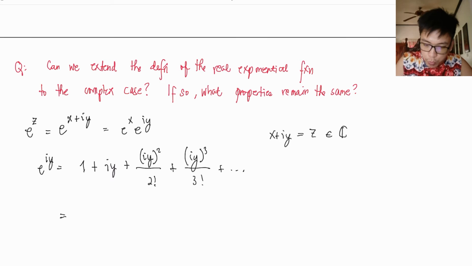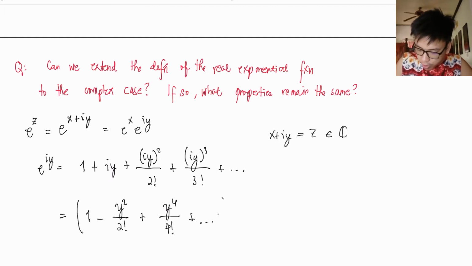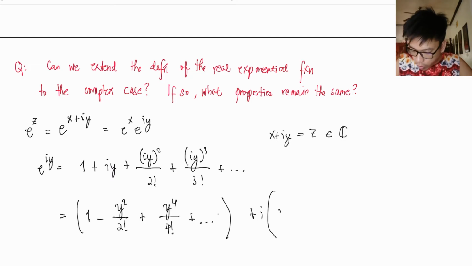Rewriting them, I would have 1 minus y squared over 2 factorial plus y to the 4 over 4 factorial plus and so on, and the imaginary part as y minus y cubed over 3 factorial plus y to the 5 over 5 factorial and so on.